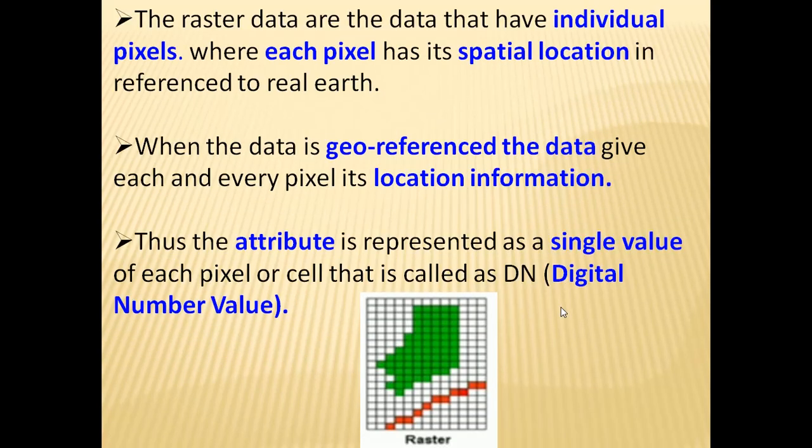Raster data are data that have individual pixels. Each pixel has its spatial location referenced on the Earth surface. Each pixel gives the spatial location on the Earth surface. Next point: when the data is georeferenced, every pixel gets its location information.